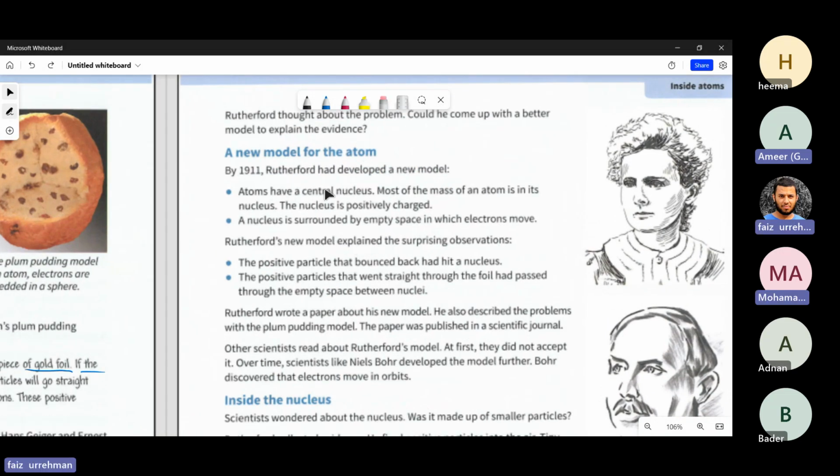Okay. So by 1911, let me check. Let me take the attendance. You guys are speaking already. Ibrahim and Adnan and Badr, they're not speaking. Salam alaikum. Are they present? Alaikum assalam. Adnan is there, Ibrahim is there. What about Badr? Yes, mister. He said yes, Mr., and then he instantly muted his mic in 0.1 seconds reaction time.